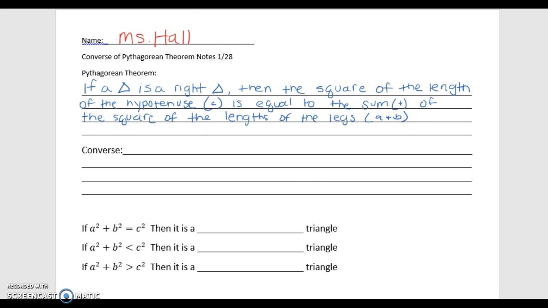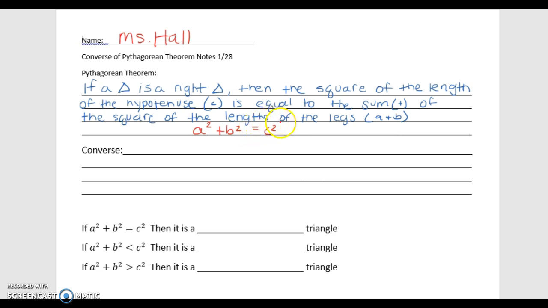And that gives us the Pythagorean theorem equation. A squared plus B squared, those are the squares, the sum of the lengths of the legs squared, is equal to the square of the hypotenuse.